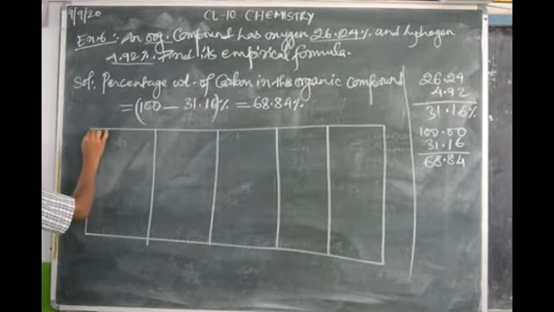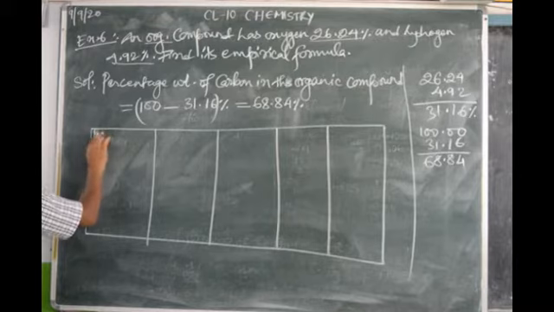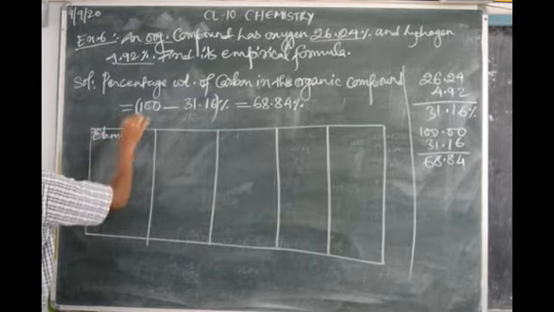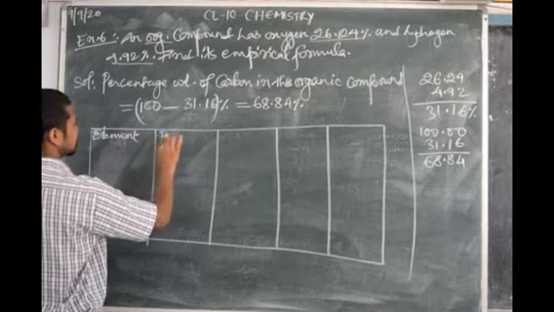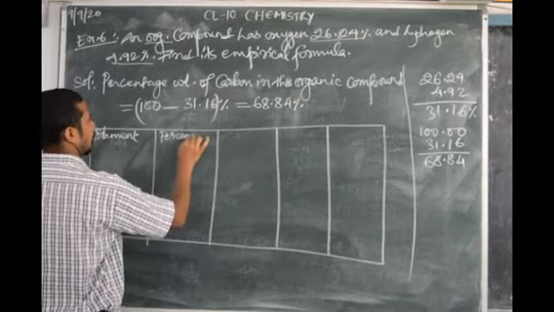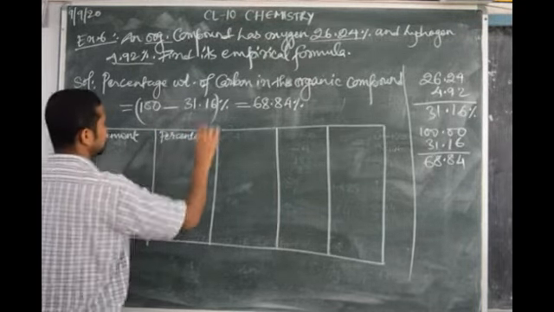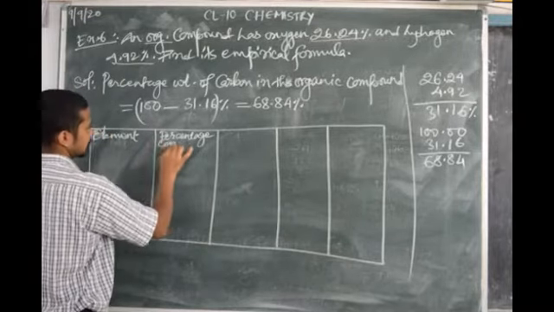Then here is the element. Since you can see there is no water molecule here, you can simply write element only. Then here you can write percentage composition, or you can write percentage only.